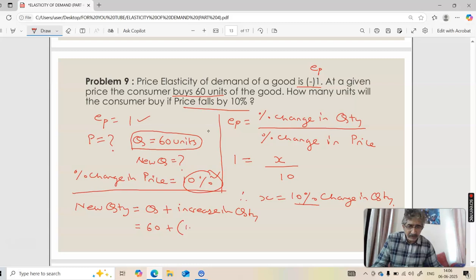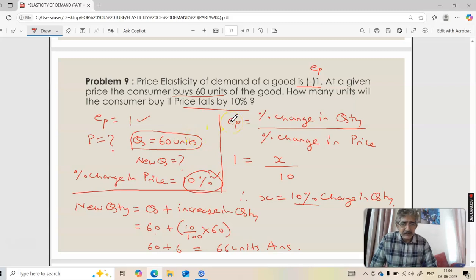How do you calculate? 10 upon 100 of the original quantity, that is 60. So 60 plus 10% of 60, which comes to 6. So 60 plus 6 is 66 units, the new quantity. We have calculated that. Now you take a screenshot of this. I hope it was clear.